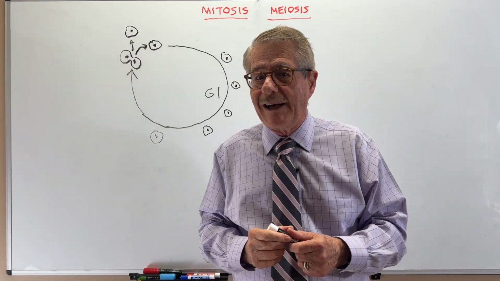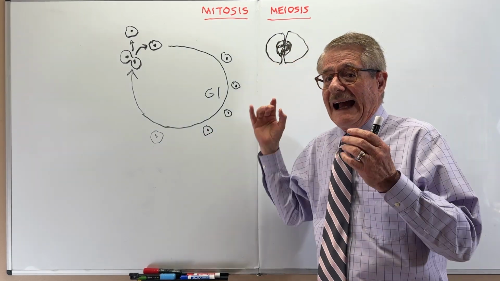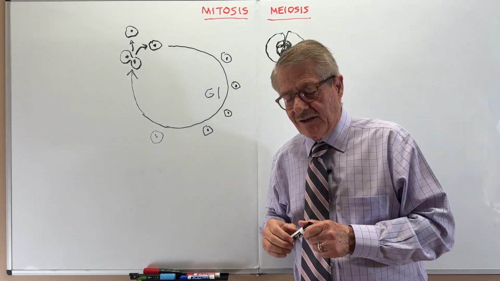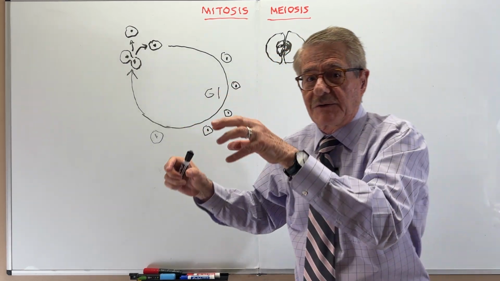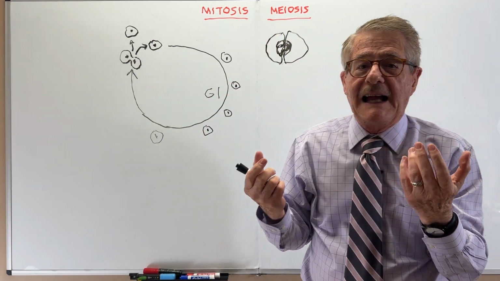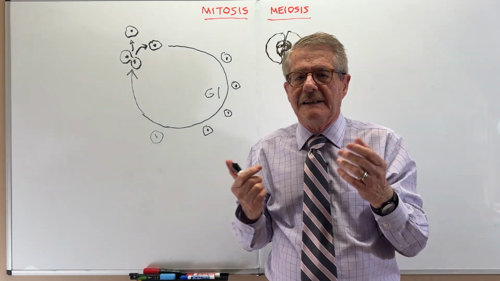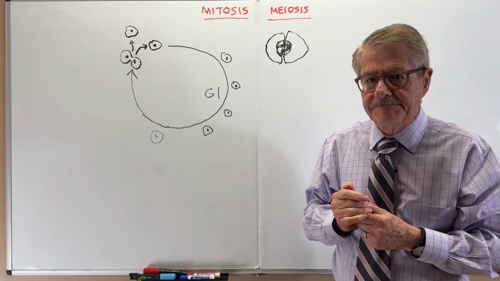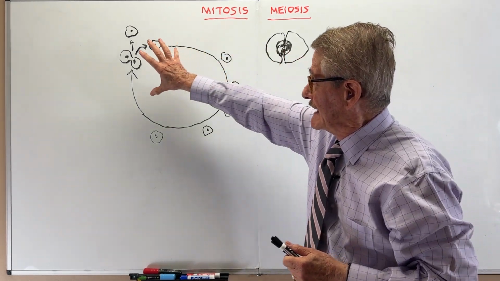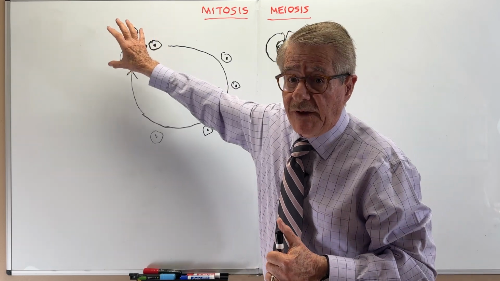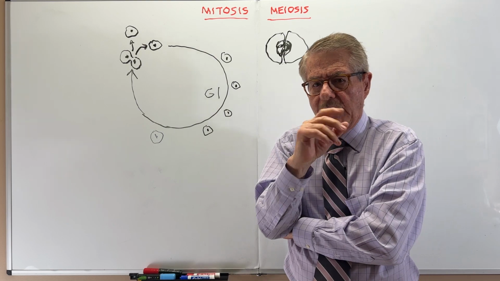But it's not quite logical because the two cells would only have half of the chromosomes. In other words, the two daughter cells would inherit half of the richness of the first cell. That's not very kosher. So in order to have a mitosis, there are two conditions that we have to reach.